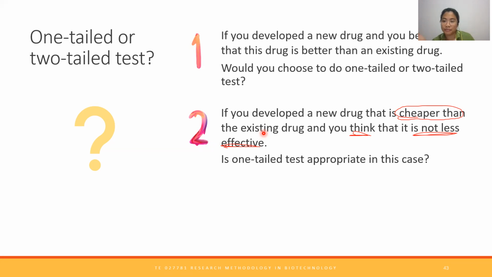It's cheaper and not less effective, so it is as good as. Do you think one tail is enough? This is just the idea of statistic test first. You don't have to think so far about how you are going to do this or that. Just to get you some idea of how the one tail and two tail could tell you.